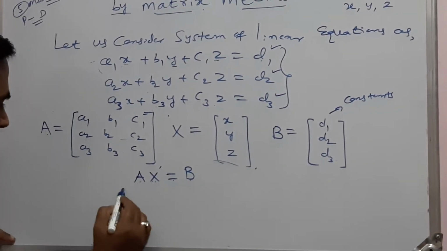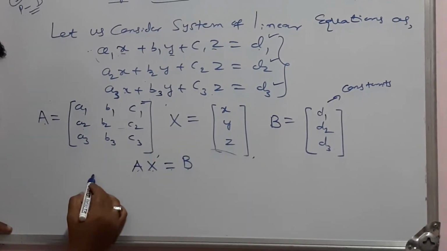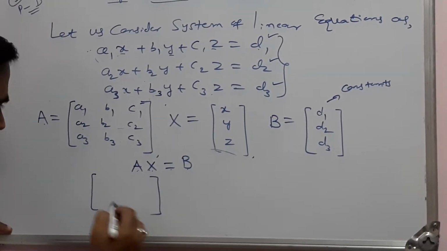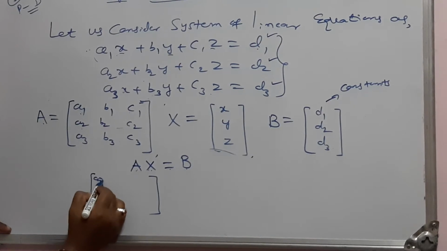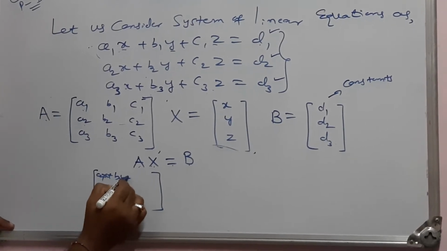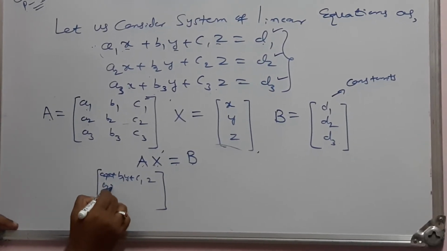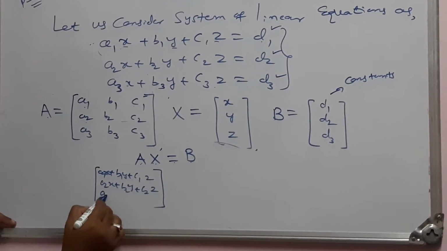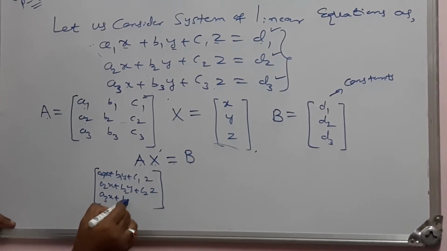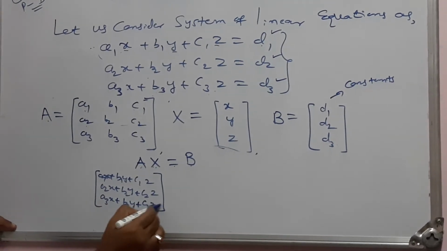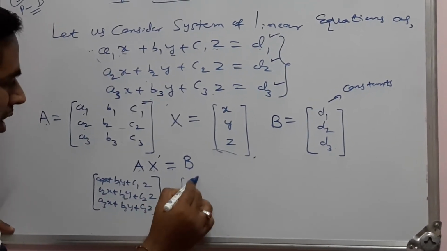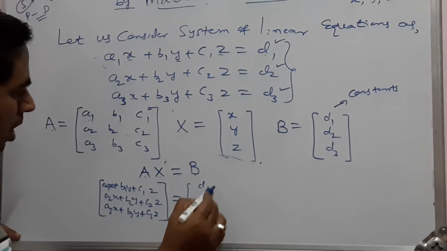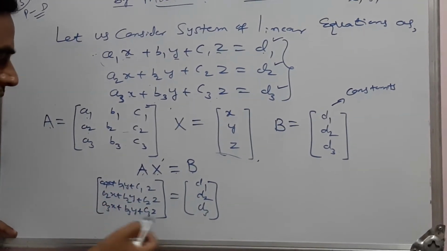So what I got here is, if I multiply A and X, I get a1x plus b1y plus c1z, a2x plus b2y plus c2z, a3x plus b3y plus c3z is equal to the matrix d1, d2, d3.